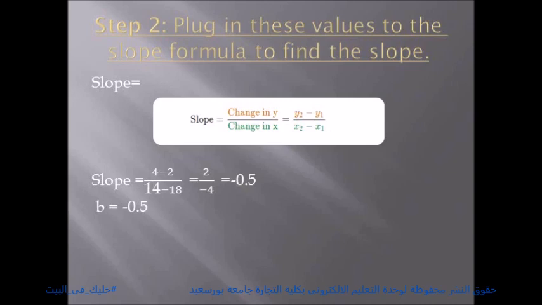As we said before, the changes in y divided by the changes in x, y2 minus y1 over x2 minus x1. So the slope equals 4 minus 2 divided by 14 minus 18, equals 2 over minus 4, equals minus 0.5. So the slope, the b value, equals minus 0.5.